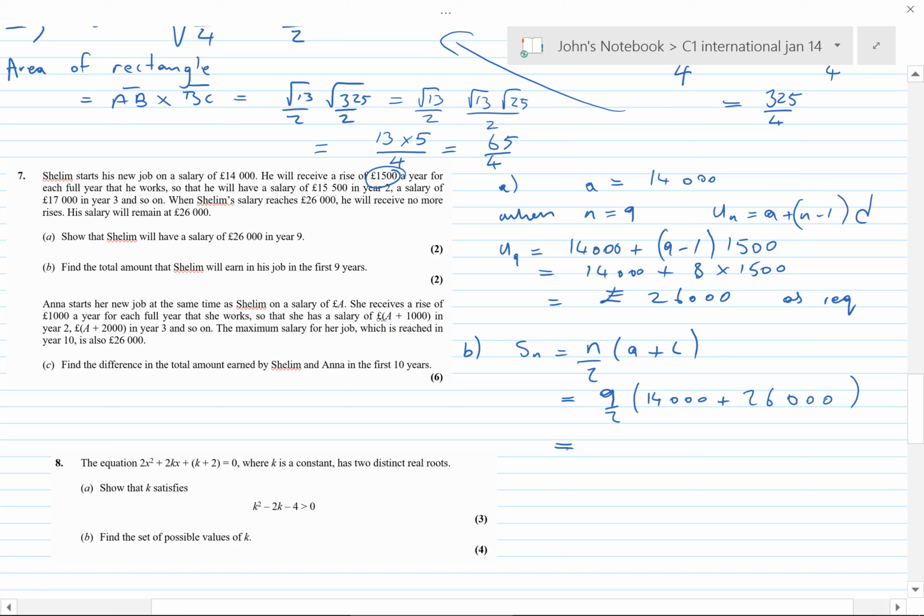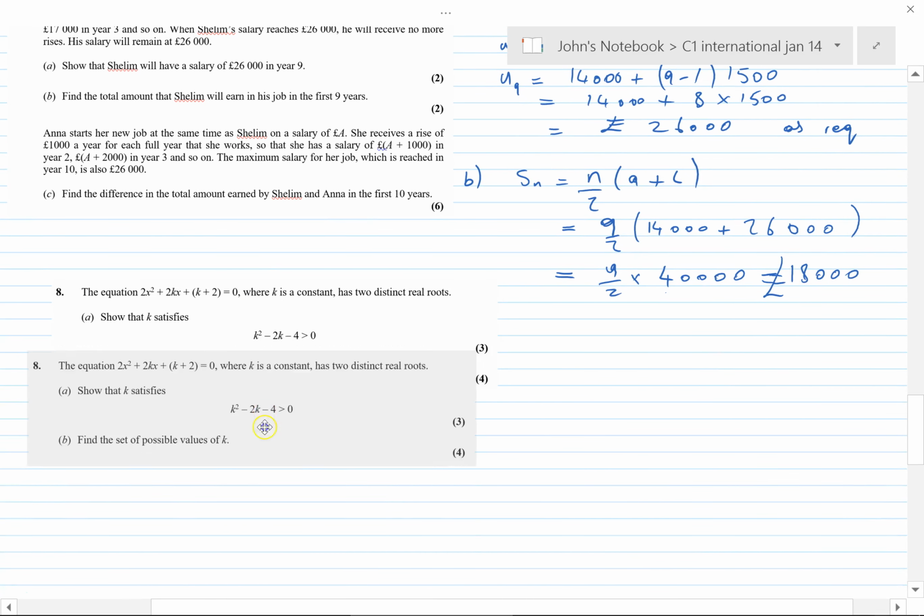And that gives us 9 over 2 times by 14,000 plus 26,000, which is equal to 40,000. Again, remembering this is a non-calculator paper, I would be dividing this 40,000 by 2, getting 20,000, timesing that by 9, getting 18,000.